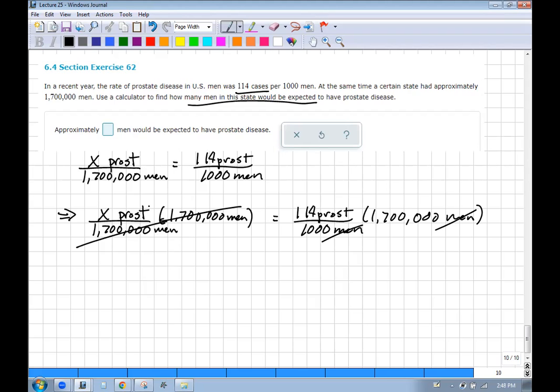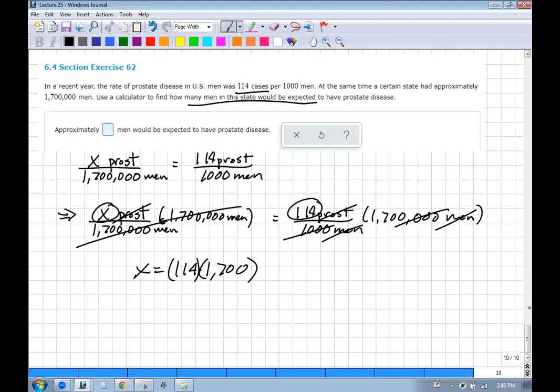And you can divide both sides by prostate. So x is equal to this times this divided by that. Of course, we could go 3 zeros. So x is 114 times 1700. Whatever that is, you plug it in your calculator.